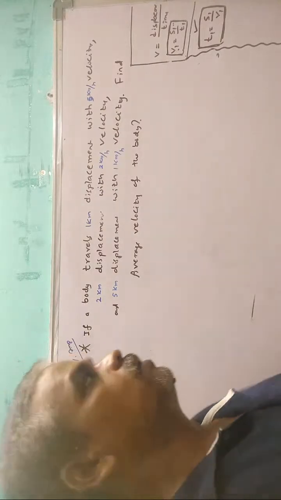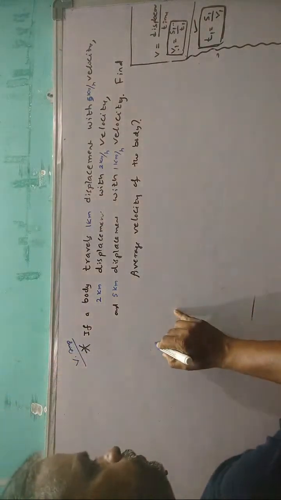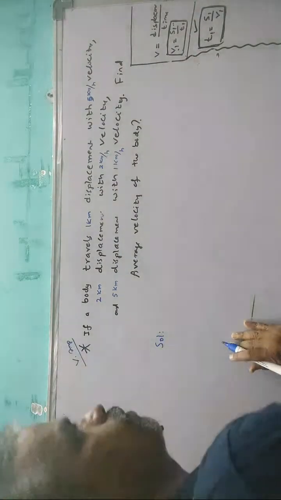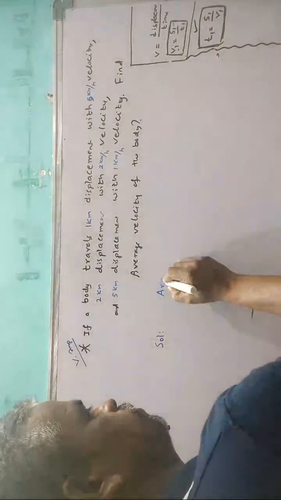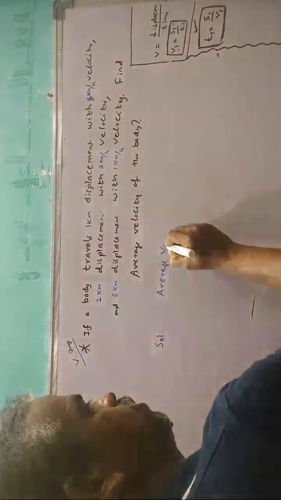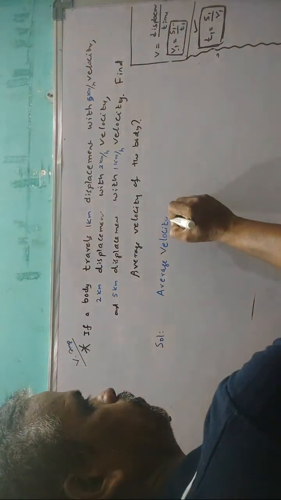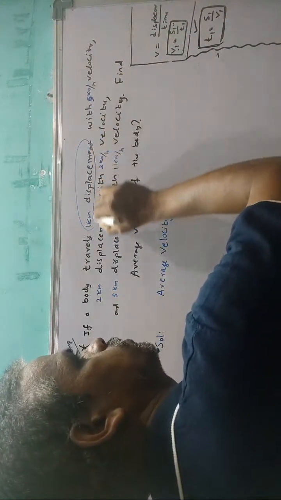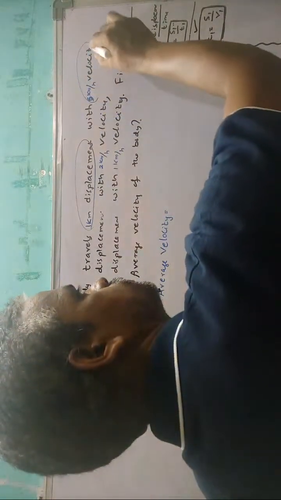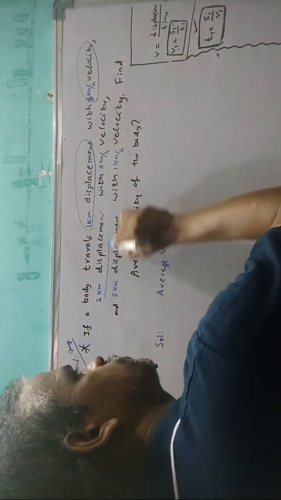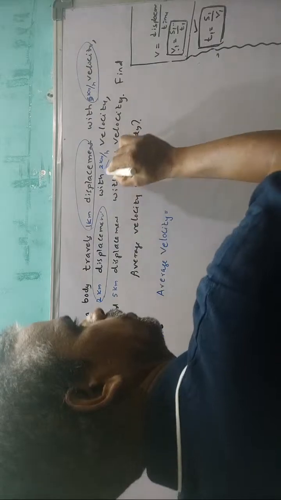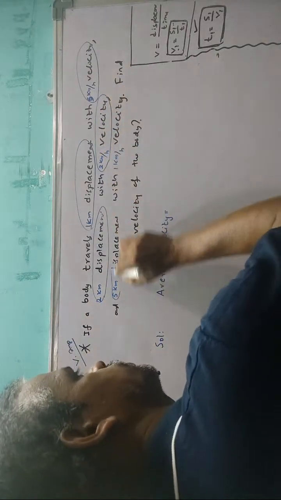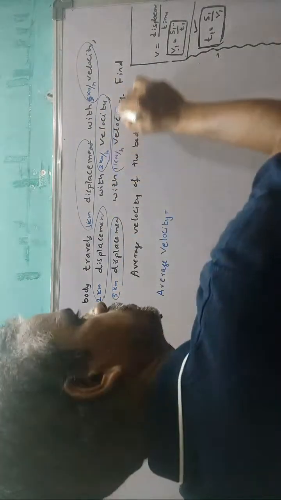Now, for this one, average velocity equal to, see in this question we have displacement, velocity, displacement, velocity, displacement, velocity.